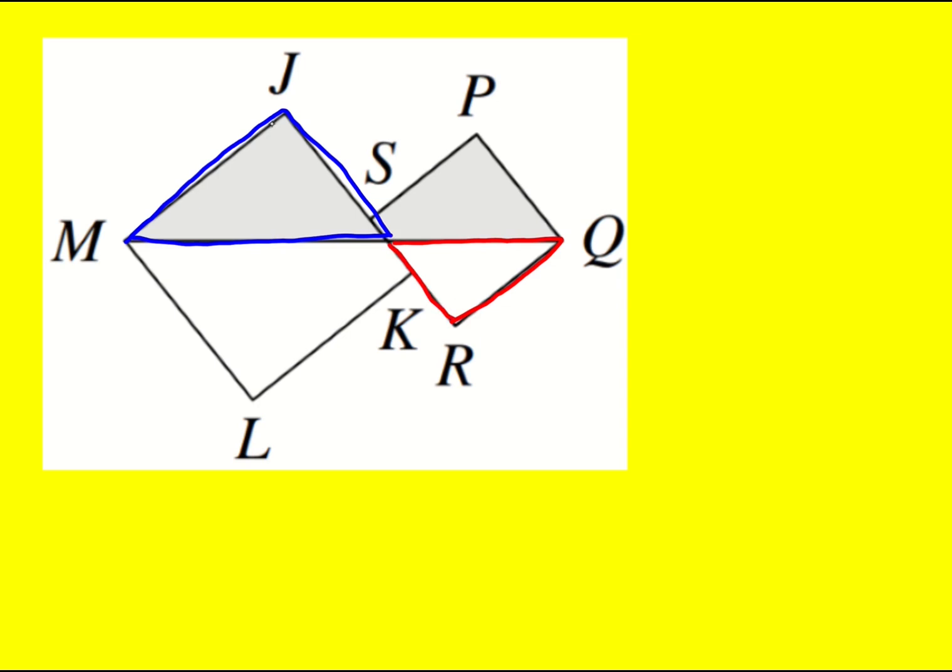And they are similar because I've got a right angle and a right angle. And then this angle, I've got alternate angles here. These two are the same. I'm going to shade them in, which means that these two must also be equal. So we can use that to work out the dimensions, because if I can work out the dimensions of the triangles, then I can basically solve the problem.